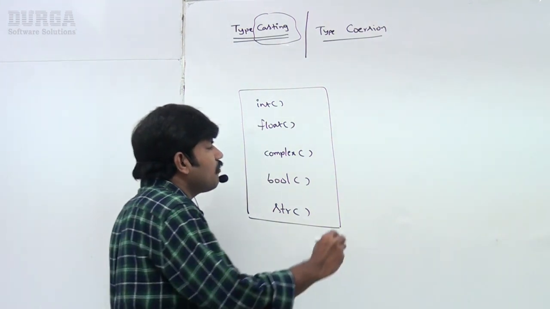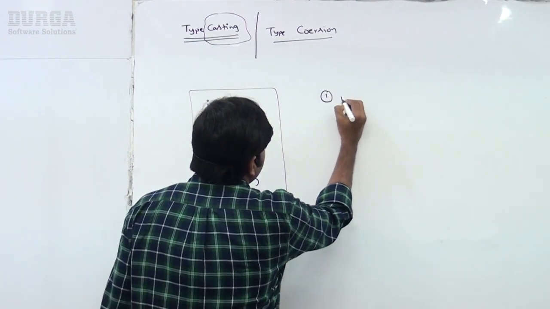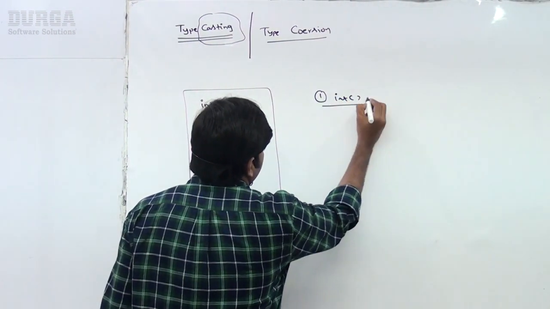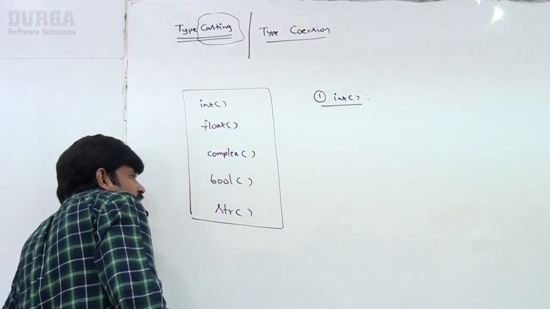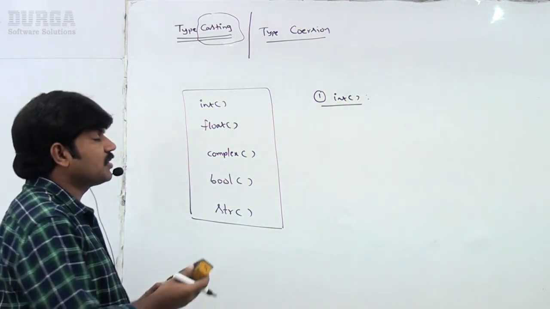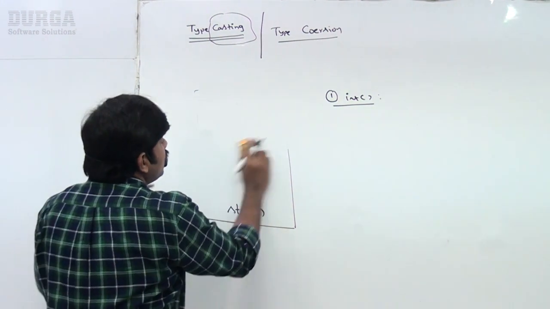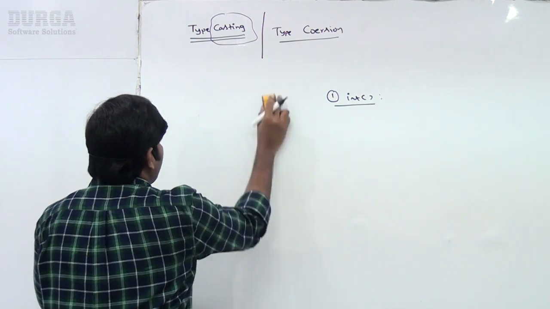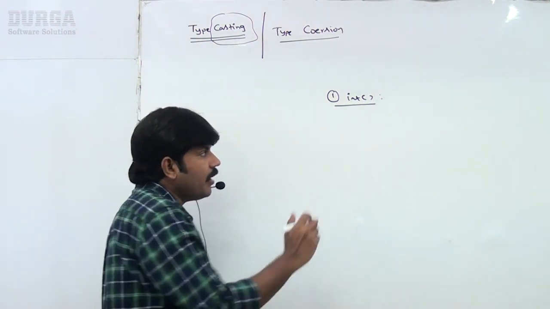So now the first thing we have is the int function, sir. Have you observed the first one? Int function. Can you spell out what is the purpose of the int function, sir? To convert from other types to int type.